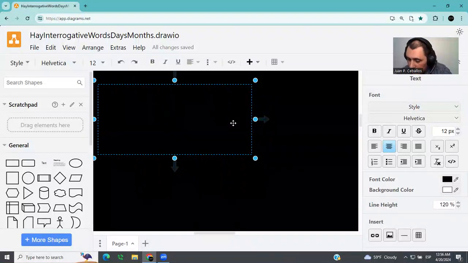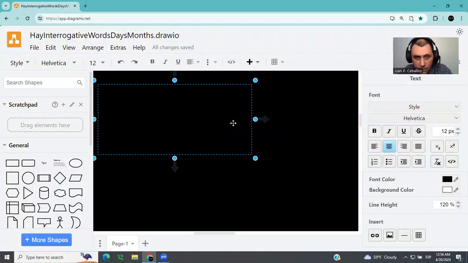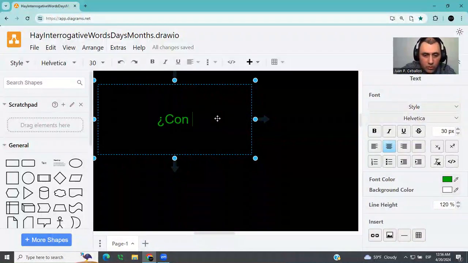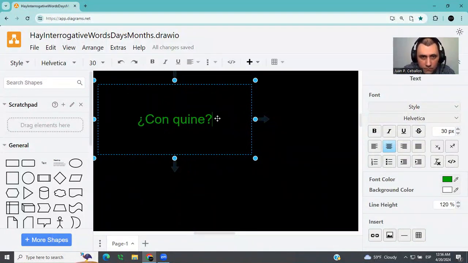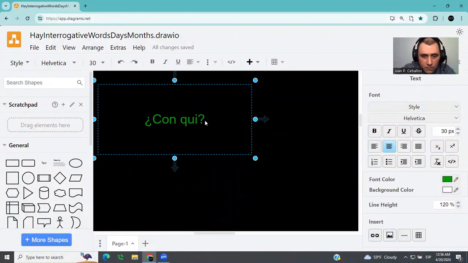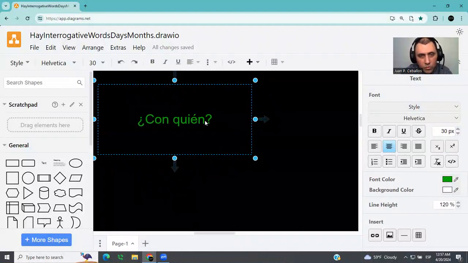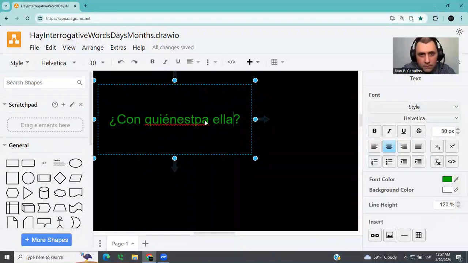So let me give you some more examples so you don't get confused. Another example here will be con quién. This is very common. Con quién is with whom. Está ella, they say.